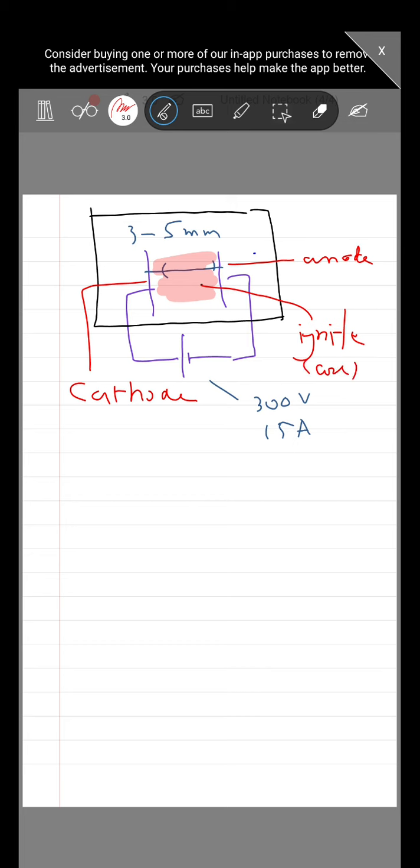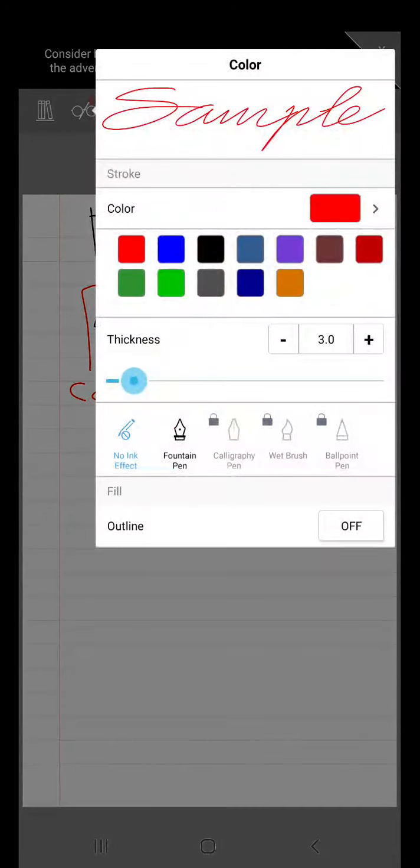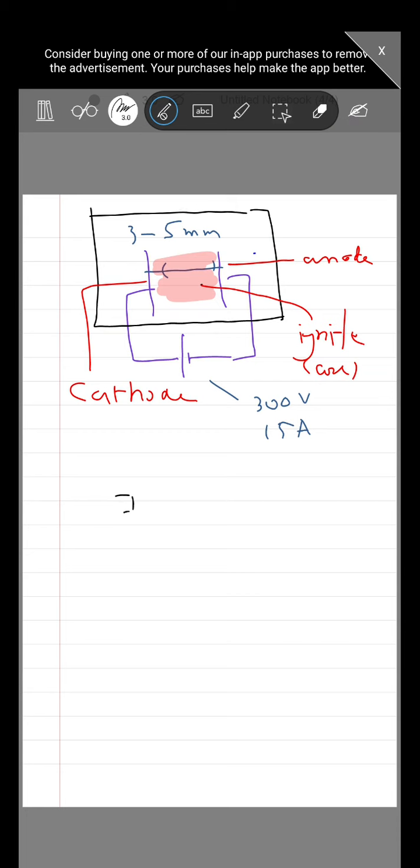Arc is basically one of the states of a gas glow. That means if you plot temperature versus current, I versus V, then usually it takes a form like this. So this is the place where the arc takes place, and this is the Townsend region.